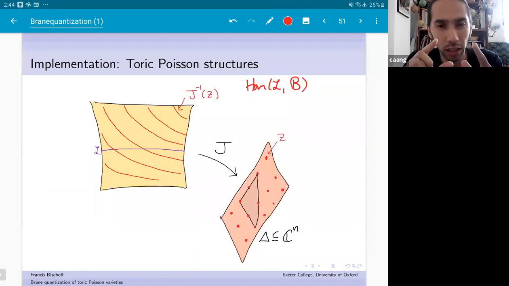I was wondering how much your result is depending on that technology. Maybe you can have a result of a different group acting on a Poisson manifold invariantly, and then produce a quantization, maybe an abelian group even.